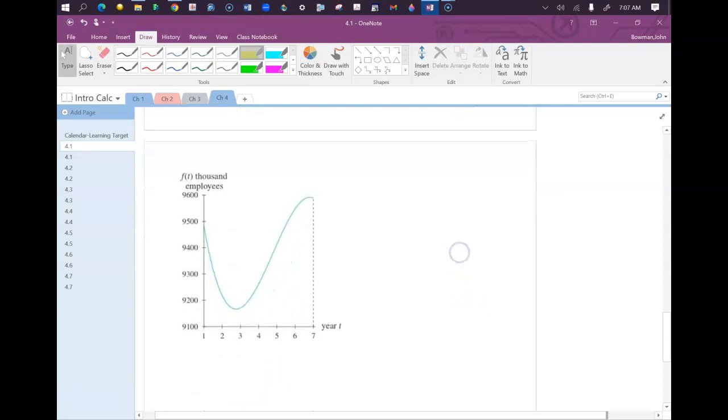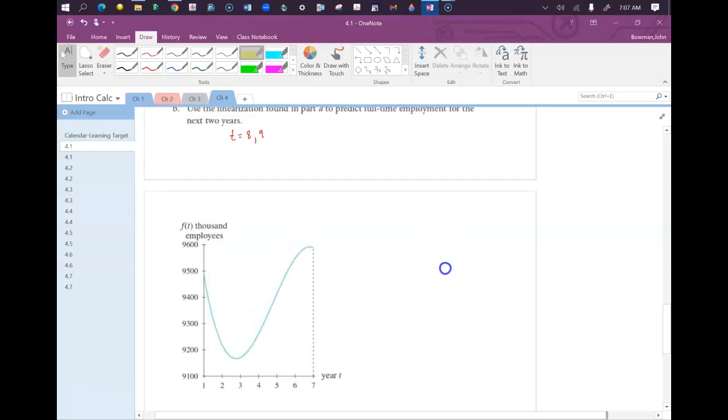Okay, so here's what we've got. Here's our cubic function. And just to visualize this, we've got this point right here at t equals 7, and we need to know the coordinates of that point.